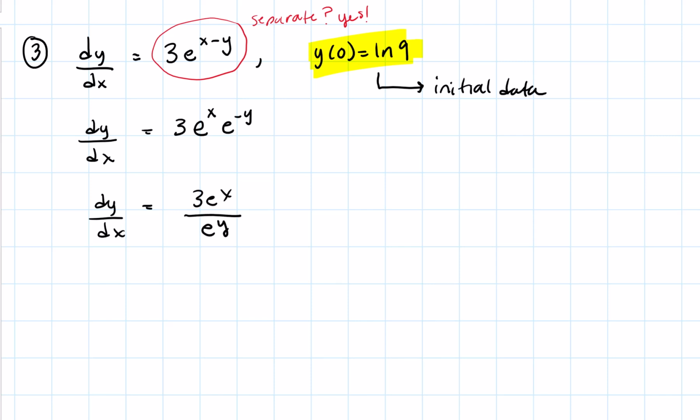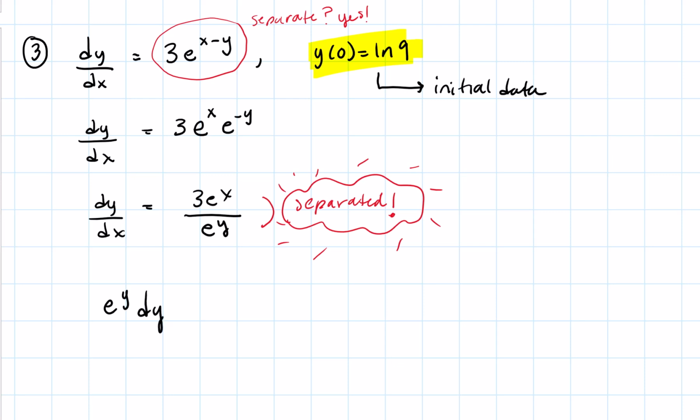And look at that, we are able to separate. So this is a separable differential equation, and now we can separate it into two sides of the equation so we can integrate. I'm going to multiply both sides by e to the y.